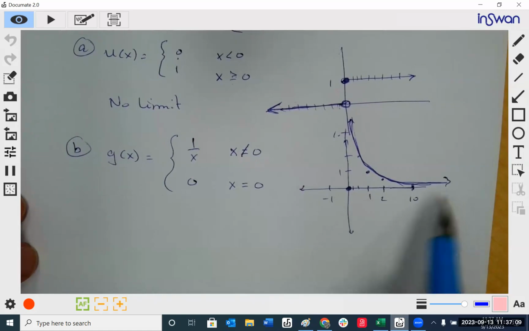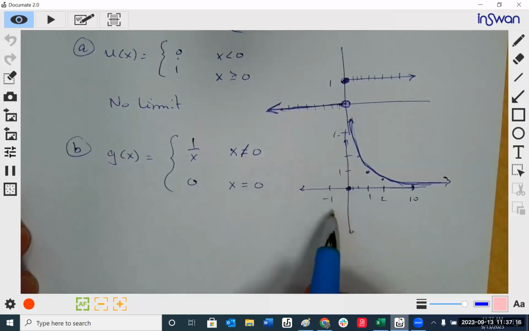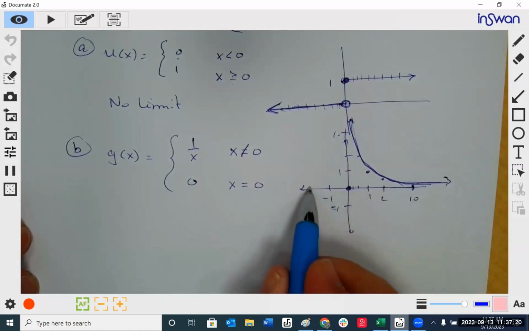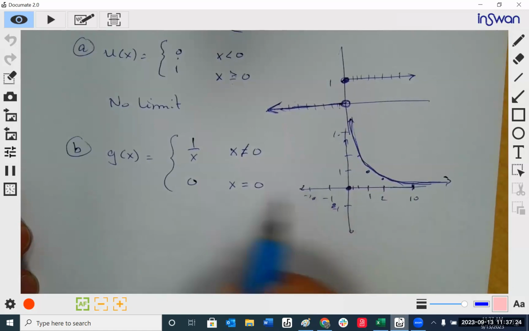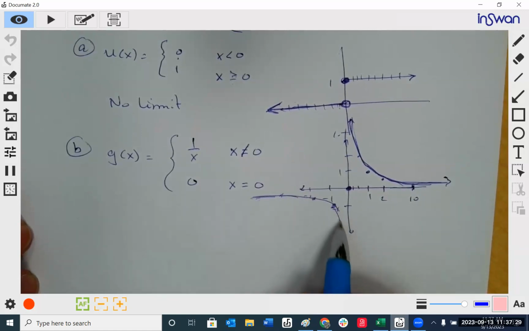It has a horizontal asymptote at 0 and a vertical asymptote at 0. But when it's negative, same thing. It equals -1. When X is -2, that's -1/2. When X is -10, so it goes down this way.